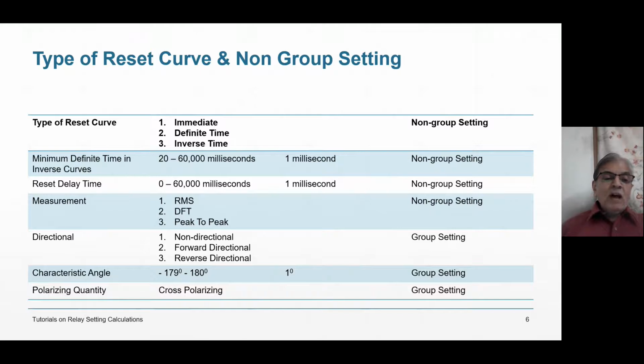That is the enjoyment, the romance of the relay, the speciality of the relay. Such things were not available in the electromechanical world, the old world, and therefore the relays were simple. Relays were not costly, but they were damaging the power system very badly. Power system was not available for a good time. Now the power system is available for very good time.